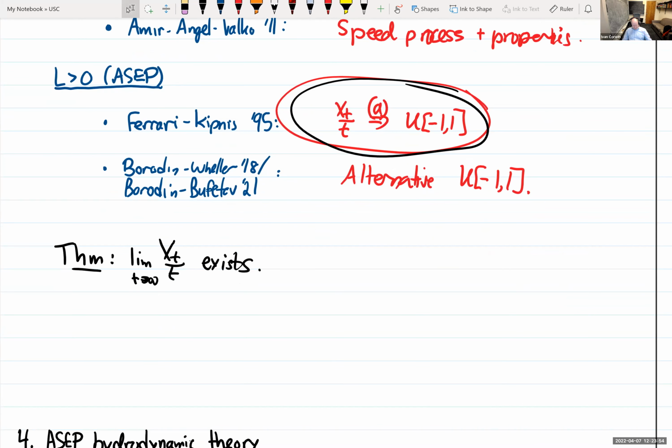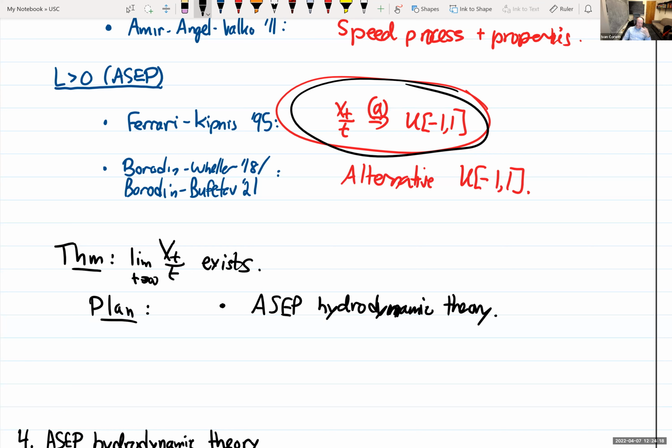And so what I'd like to tell you first is the outline of the rest of the talk. The plan is to do the following. The first thing I'm going to explain is the ASEP hydrodynamic limit theory, and this is going to be a heuristic explanation.